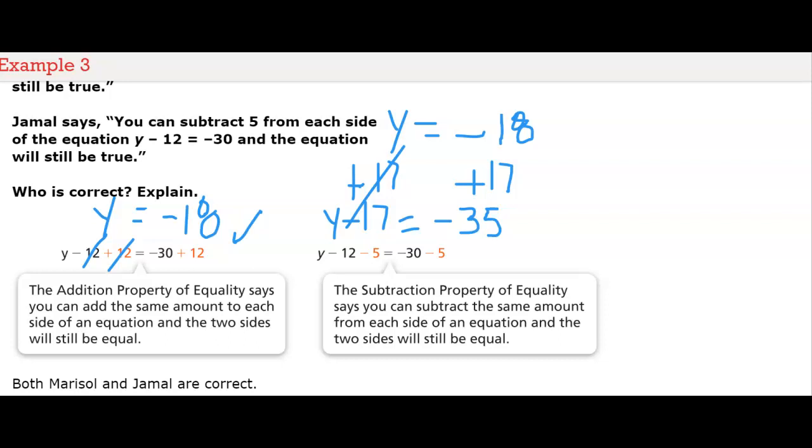And you do the Jamal's way, and you have the y is negative 18, so you have negative 18 minus 12, which is the exact same thing. Negative 18 minus 12, and you get negative 30. So it ends up being the same. So I just wanted to show you those steps.